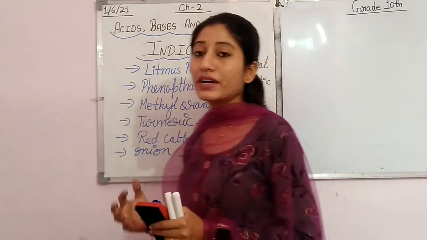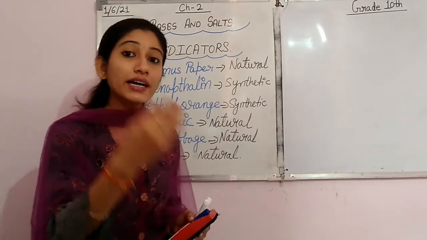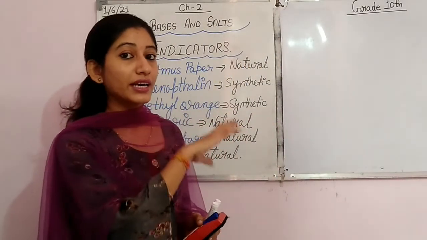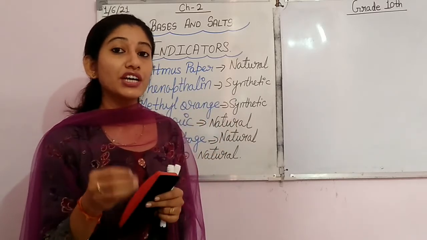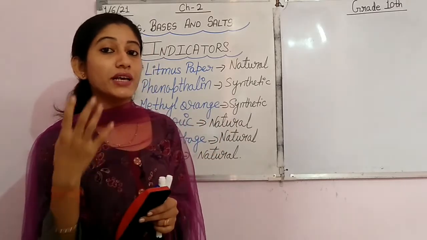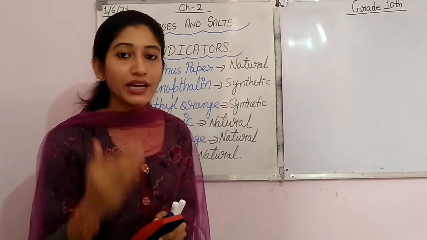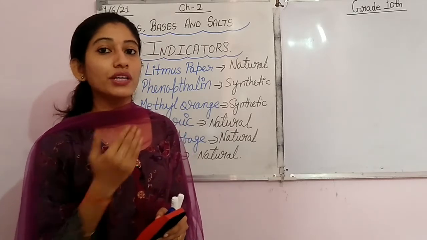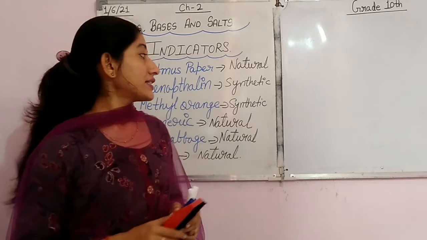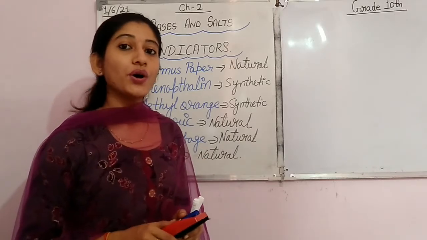So how will they give the test and what color will they show? I told you that they show the acidic character or basic character by changing the color. So let's see how the color changes and how they show us whether the compound is acid or base.